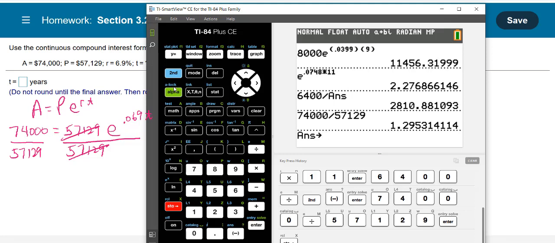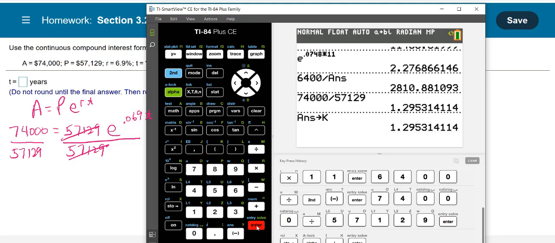You can use whatever letter you want. So I'm going to say alpha and K. So that number is stored in my calculator as the letter K. I'm going to write that over here. So what I just did, that calculation, 74,000 divided by 57,129 is K now, and we don't have a number beside the e.